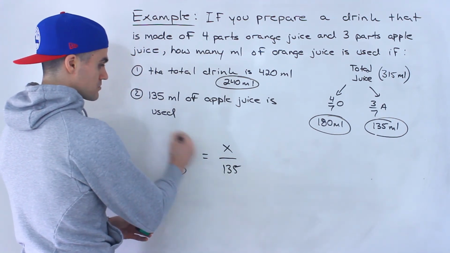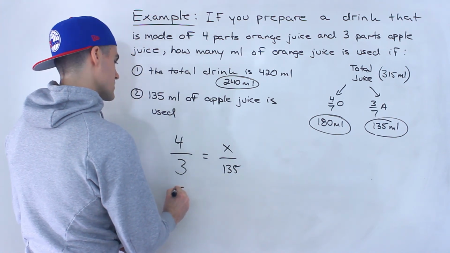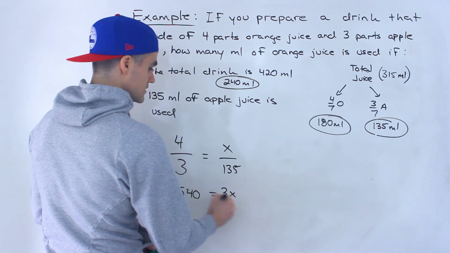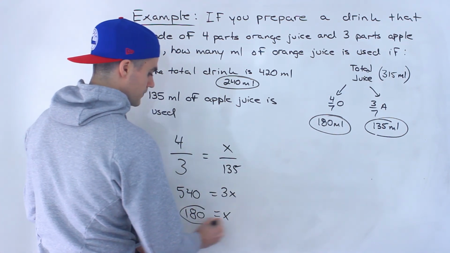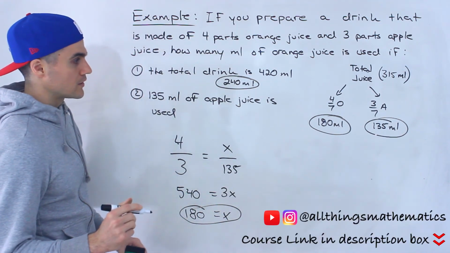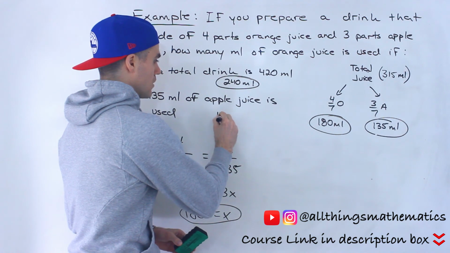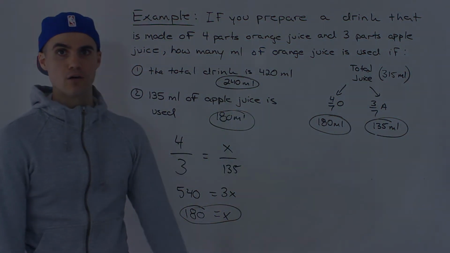So we can just cross multiply here. So 4 times 135 would give us 540. And then we'd have 3x, divide both sides by 3, x would end up being 180. So that's another quicker way to do it. Right, so whichever way you do it, the answer for number 2 is 180 milliliters of orange juice.